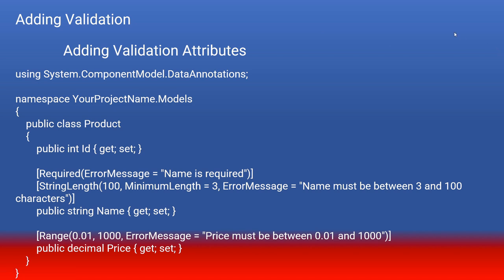We can also add the StringLength attribute to specify the minimum and maximum length of the name. Similarly, we can add the Range attribute to the Price property to ensure that the price is within a valid range. ASP.NET Core provides a variety of built-in validation attributes that you can use to validate your model data.